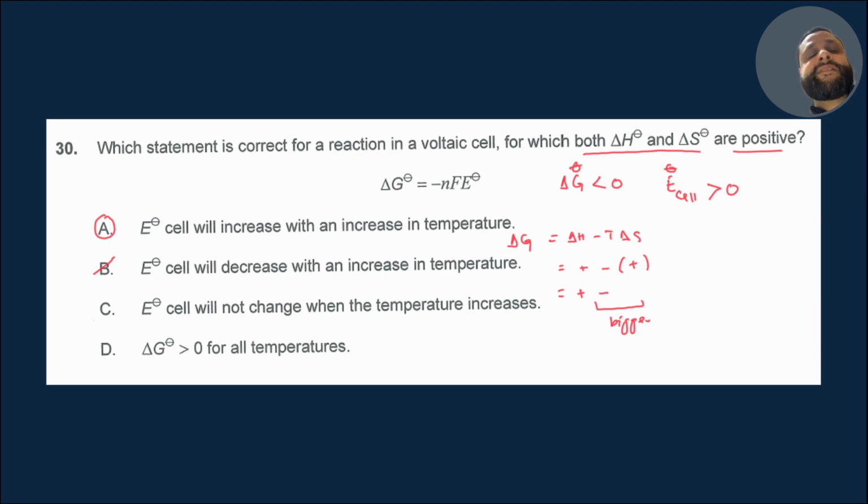This is wrong because the E cell value depends on temperature. Okay, let's read D. Delta G naught is greater than 0 for all temperatures. No. At a high temperature, in this given scenario, delta G will be less than 0. So this statement is wrong as well. Hence, A is the correct answer.